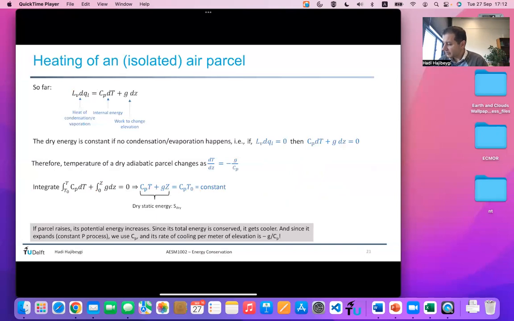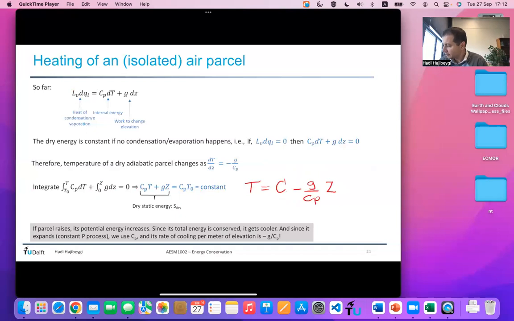And that would be exactly what I would need. If I want to know about my temperature at a given elevation, I need to say that the temperature will be some constant value, let's say C1, for example, that's a constant value. What else? Minus G divided by Cp times Z. So for any given reference, so that Z0 will be T0.